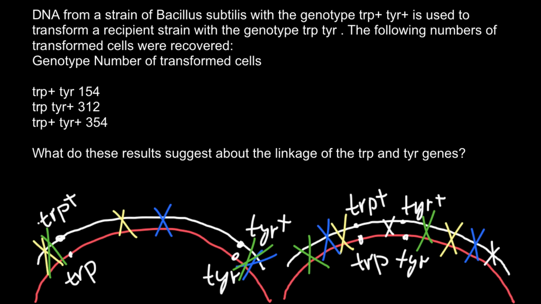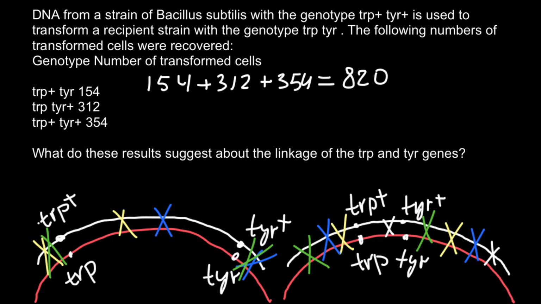We can do it if we convert these numbers into frequencies, or percentages. So how are we going to do it? First of all, we have to add all these numbers. 154 plus 312 plus 354. And we are going to get 820.